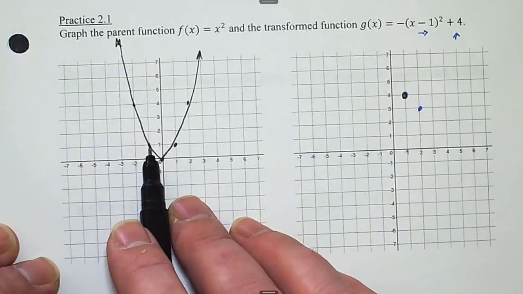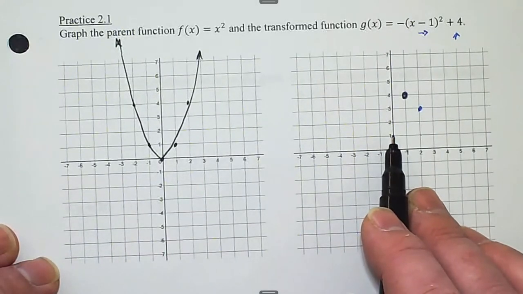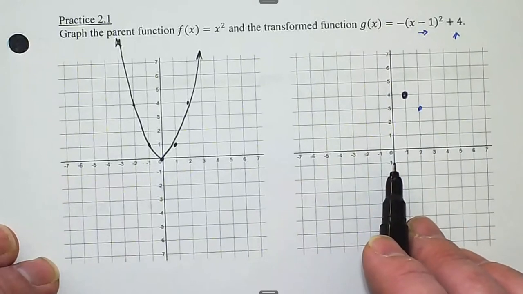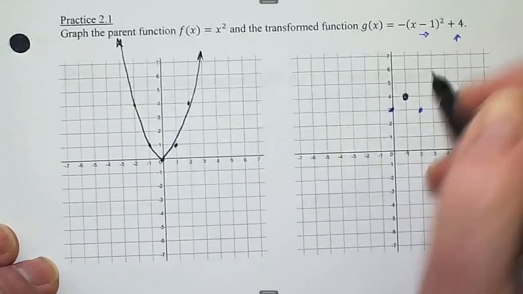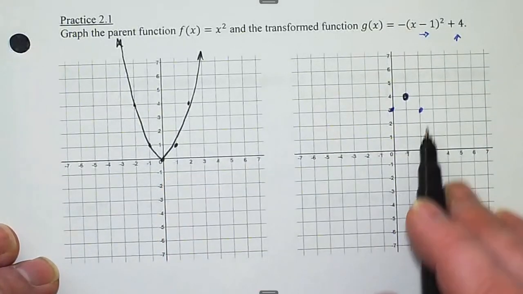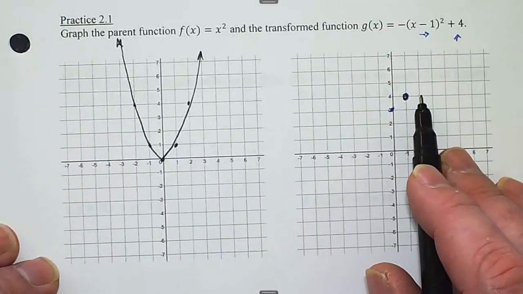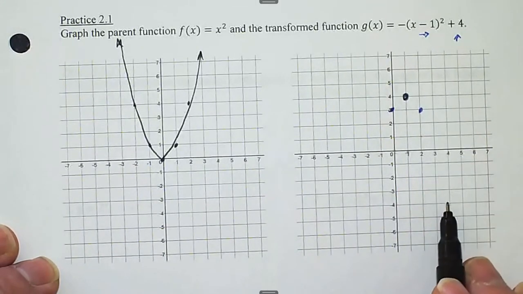Let's try that point, negative 1, 1. Move 1 to the right. Reflect down to negative 1. Shift up 4. 1, 2, 3, 4. All right, we'll do this point, 2, 4. 1 to the right. Reflect down to negative 4.